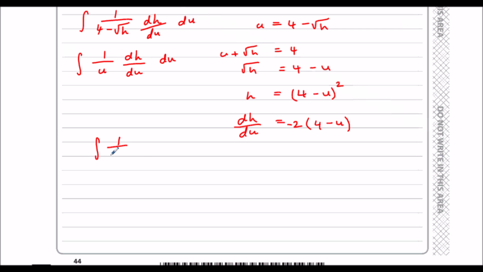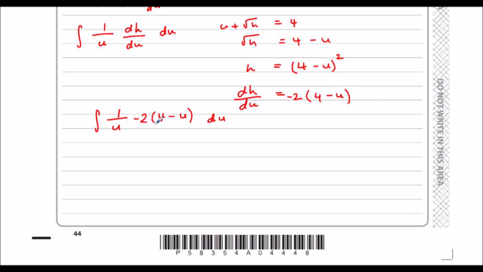So we've got 1 over u times -2 times 4 minus u with respect to u. We can tidy this up, so if we expand this bracket and write it on the top. So let's think of this as over 1, and we're timesing the fractions. So 1 times -2 times 4 minus u.